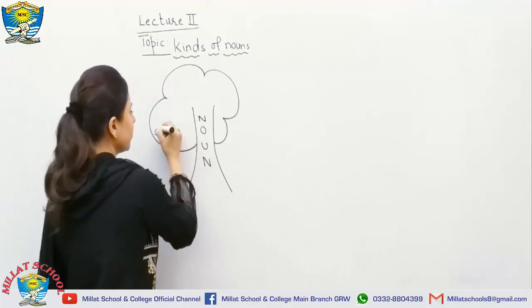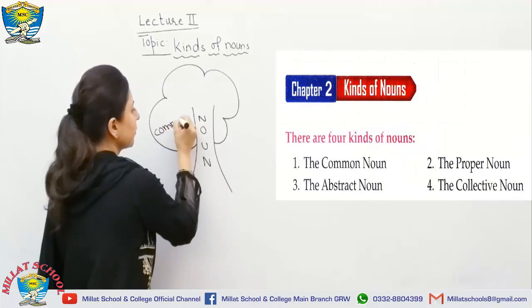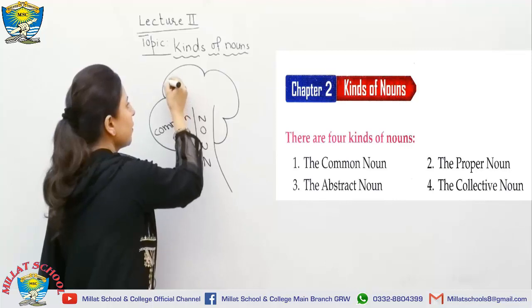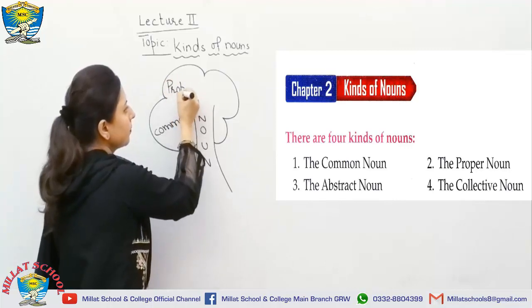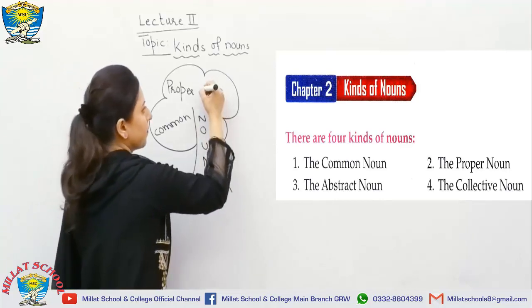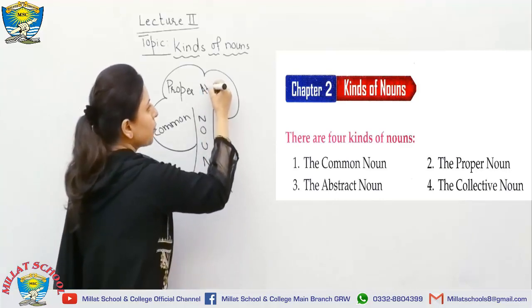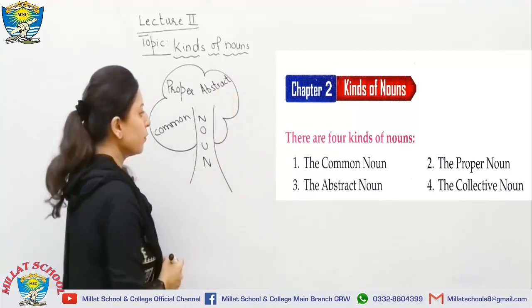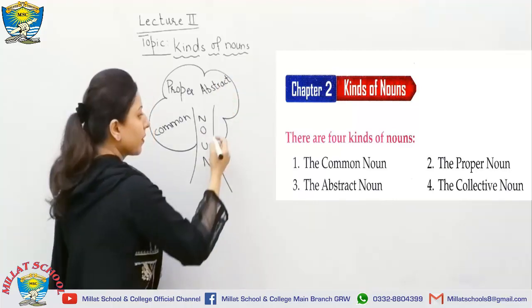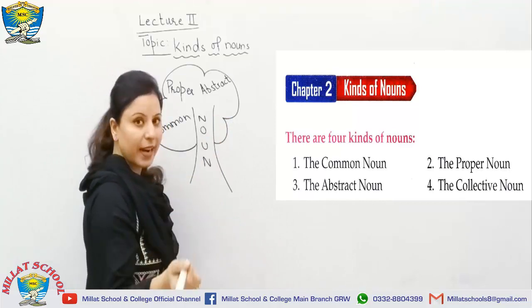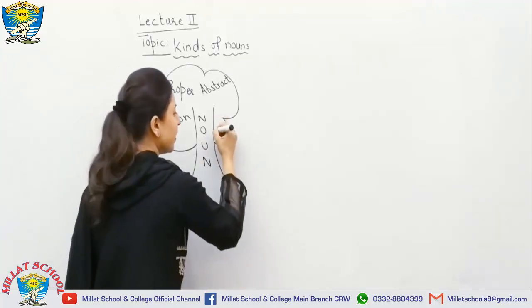The first branch is common noun. The second is proper noun. The third is abstract noun. And the fourth one is collective noun.